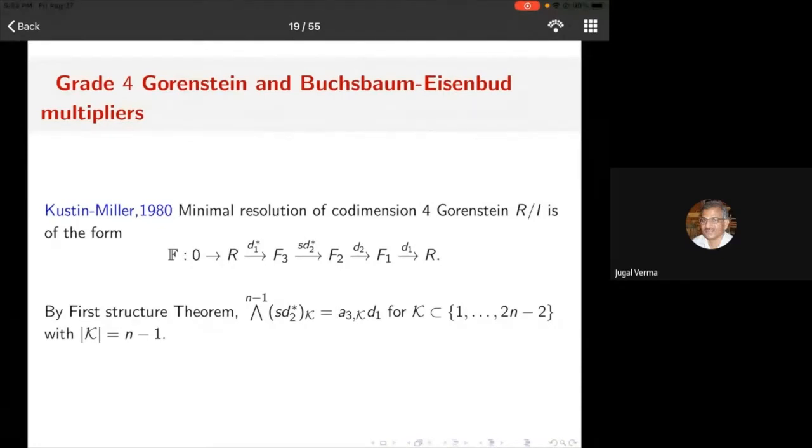So A3K is a Buchsbaum-Eisenbud multiplier, and we can always find this A3K from the n minus 1 by n minus 1 minor of S times D2 star.